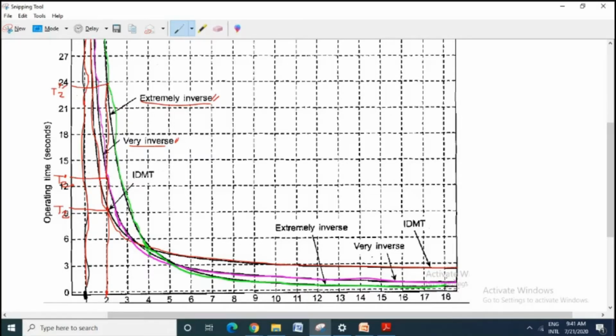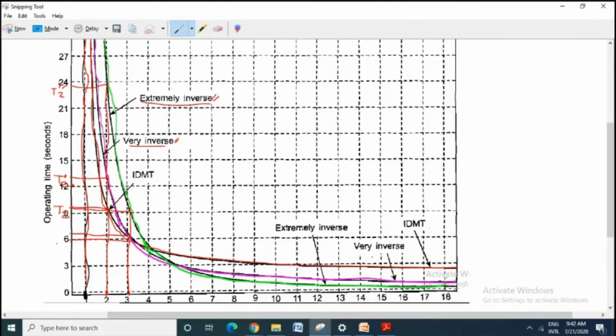Right? Now considering the next point, that is the third point, or value 3. For this value 3, check the difference in the points. The standard inverse kind of graph will give us a value around 6. The pink one, or let's say the very inverse, will also give a value around 6, whereas the extremely inverse will give us a value somewhat here.